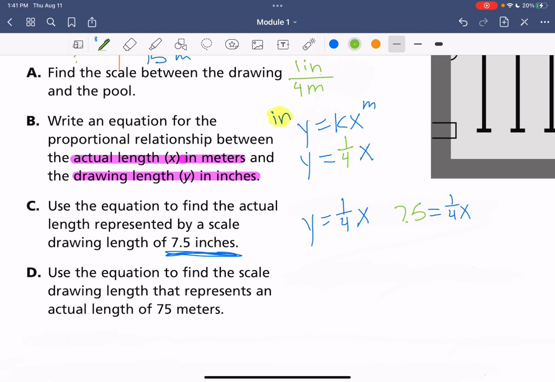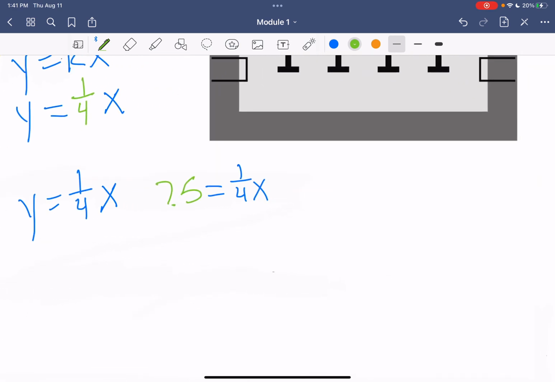Now we're trying to figure out the value of x. We'll get into equations in later modules, but here we can think a little more conceptually. What times 1/4, or what number when it's divided by 4 will be 7.5? So we kind of think inverse.